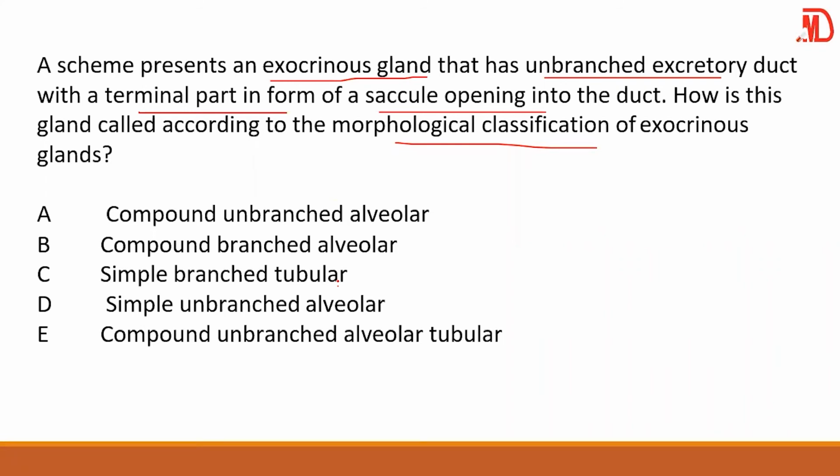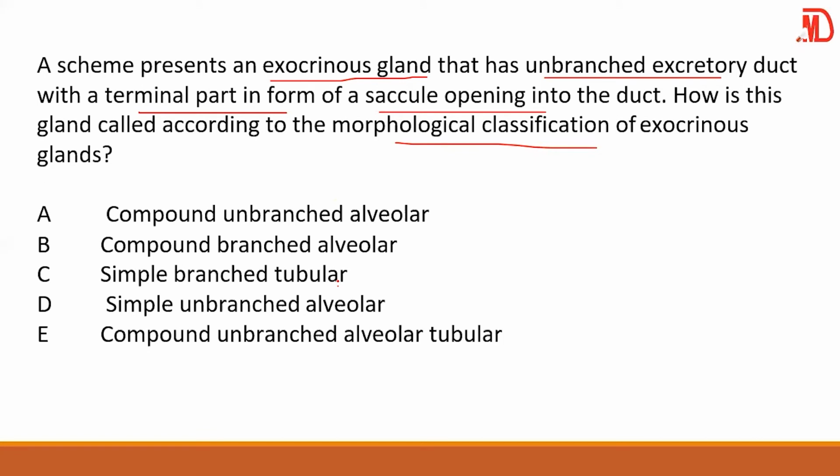I'm not sure of the answer over here. However, the reason why I'm saying I'm not sure of the answer they are giving here is because alveolar glands are usually branched. Alveolar glands also have what we call the sac-like excretory portion.